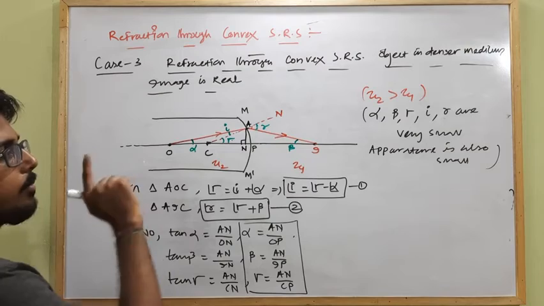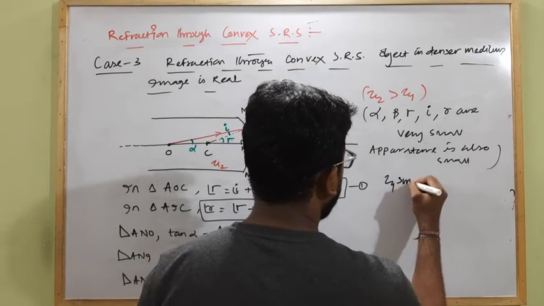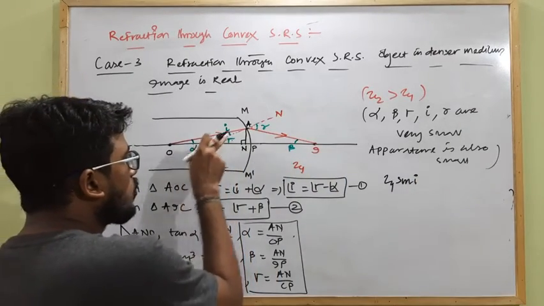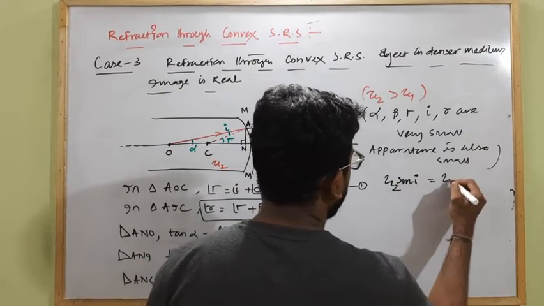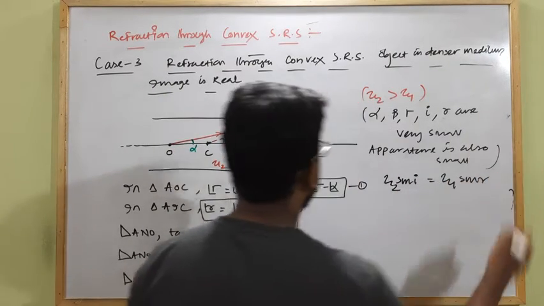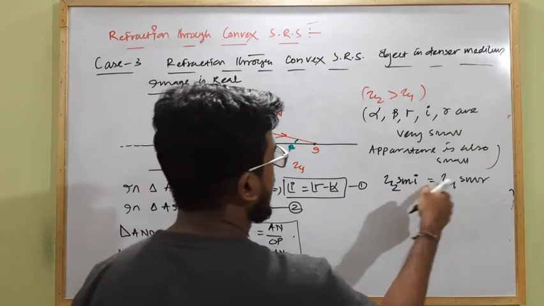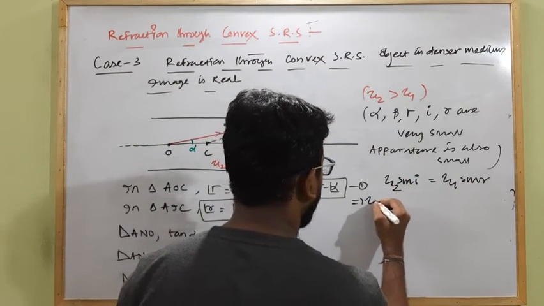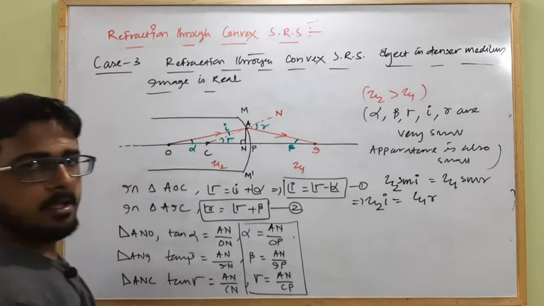Clear? Now we have to apply what? Snell's law. So according to Snell's law, light travels from mu2 to mu1, so it will be mu2 sin I equal to mu1 sin R, because the light travels from 2 to 1. As I and R are small, so we can write mu2 I equal to mu1 R. Clear?